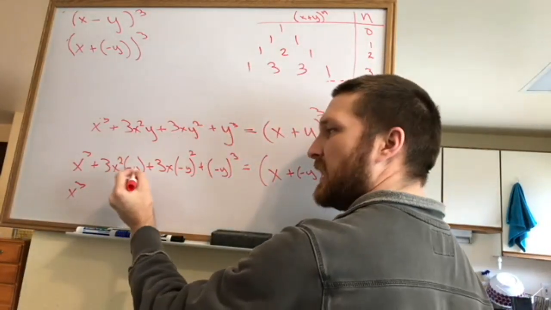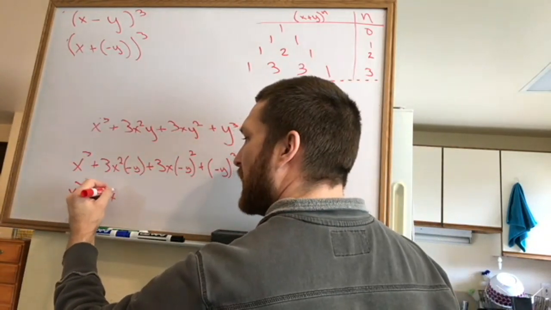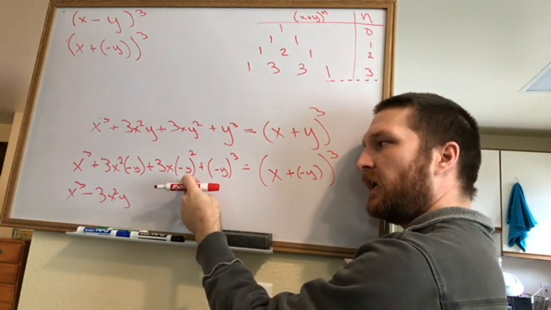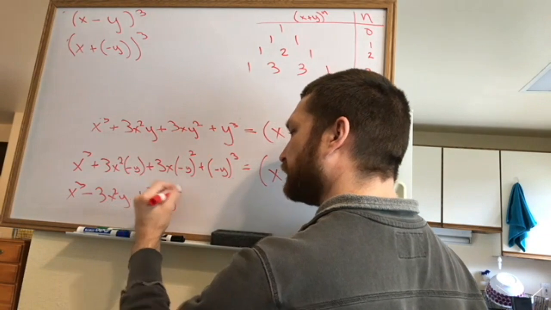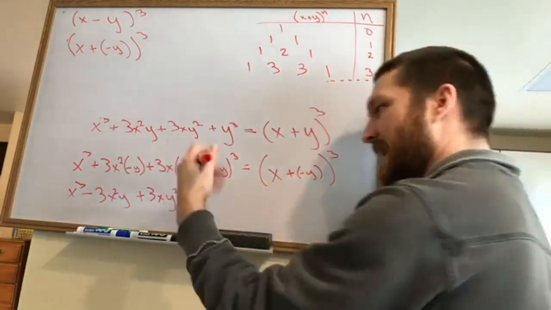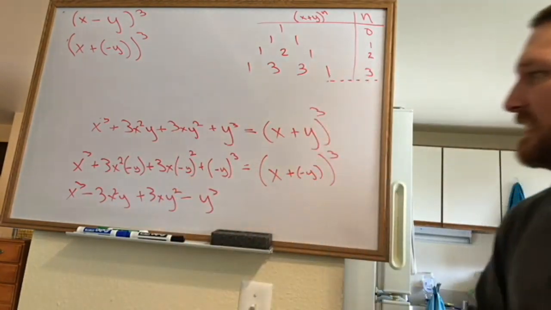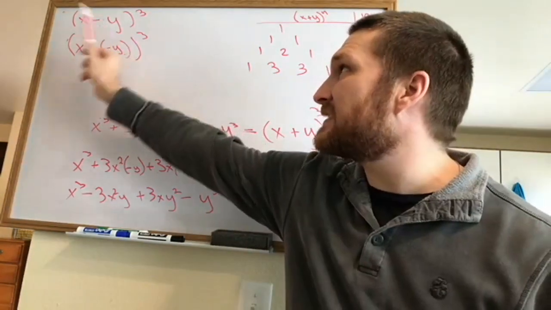So that is an odd power of y, so we pull it out as a minus 3x squared y. That's an even power of a negative, which stays positive. So plus 3xy squared. Negative to an odd power stays negative. So negative y cubed.